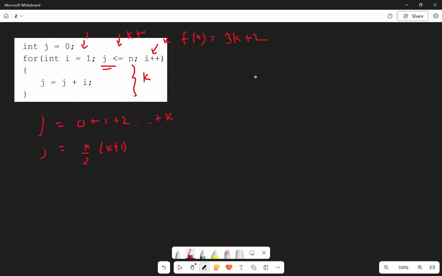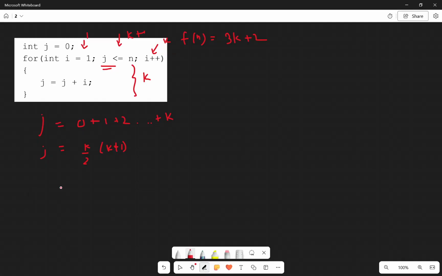If there are n number of elements, 1 plus 2 plus 3 up until n, I can say this is equal to n divided by 2 times n plus 1. That's literally what I'm doing over here. So instead of n, I use k over here, and I can say j is equal to this.